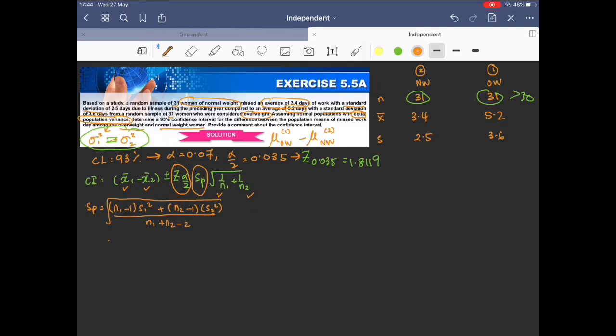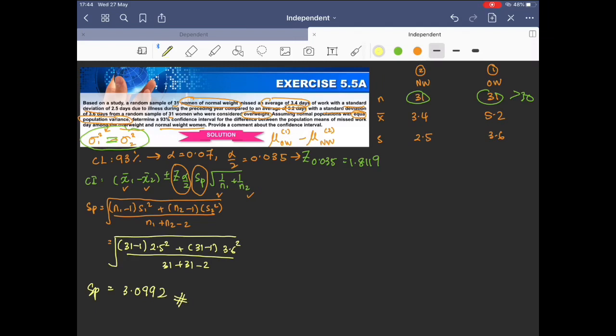Substitute all the information. n1 is 31, minus 1, s1 square 2.5 square, plus 31 minus 1 times 3.6 square, divided by 31 plus 31 minus 2, and then square root. Press your calculator correctly. Do not make careless mistakes. You will get SP equals 3.0992. Make sure you press your calculator correctly.